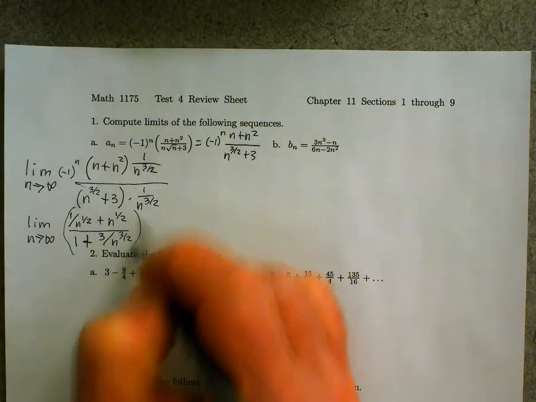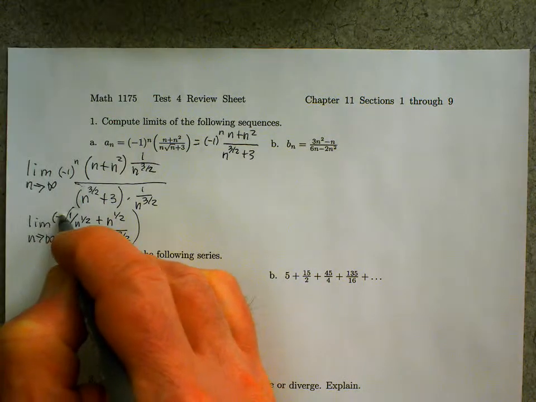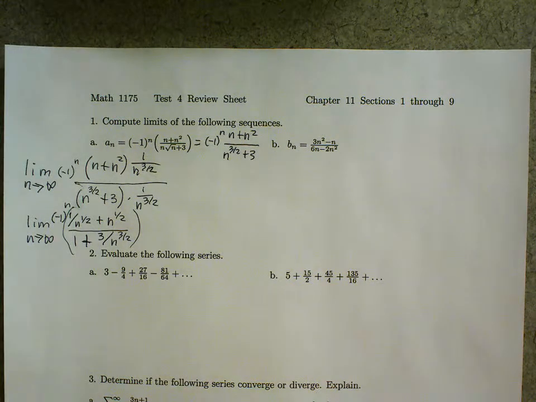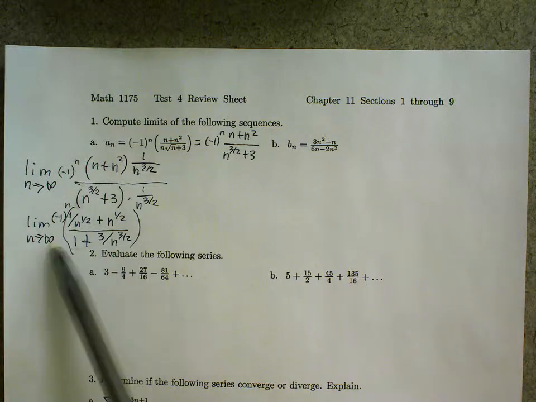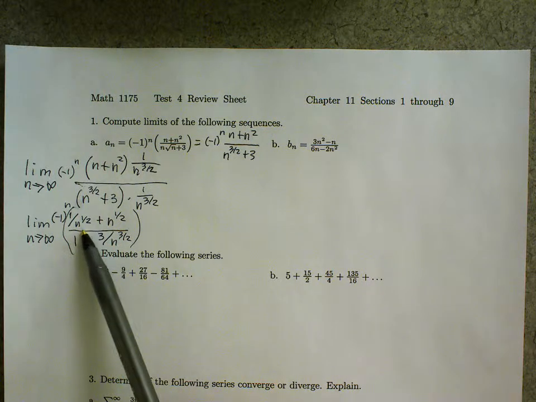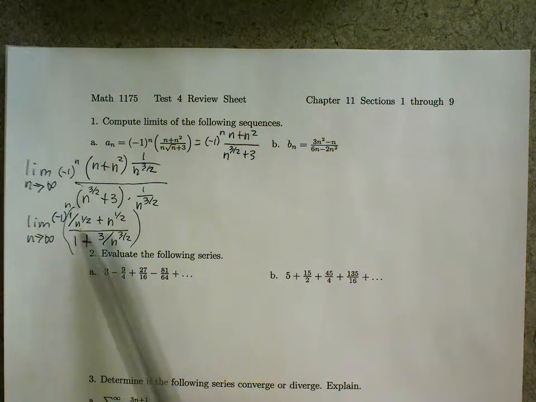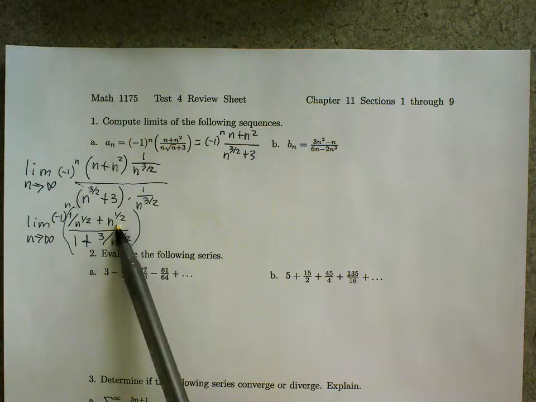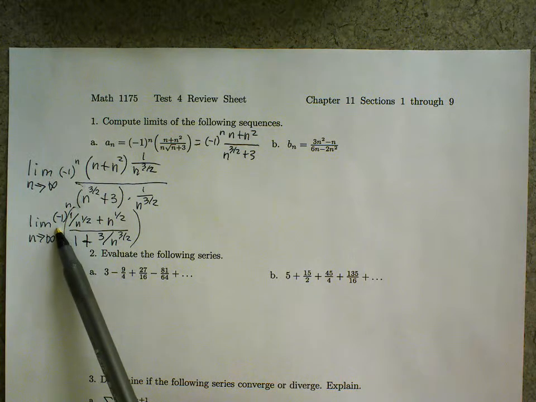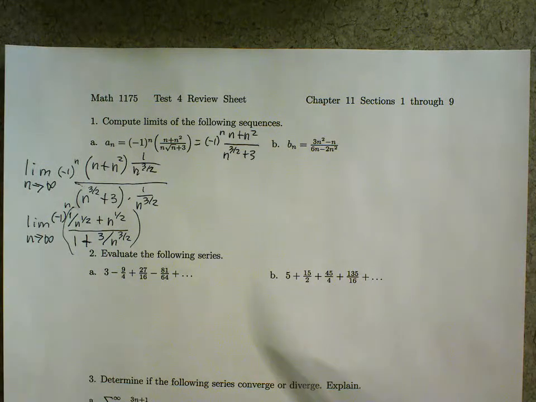And this is alternating, so we have this -1 to the n. But we can see that when n goes to infinity, the 1 over n to the 1/2 goes to 0, but n to the 1/2 goes to infinity. And since it's an alternating sequence, the limit does not exist.